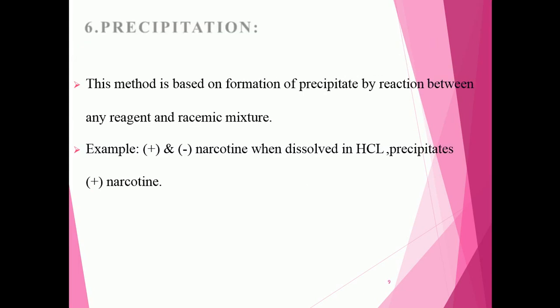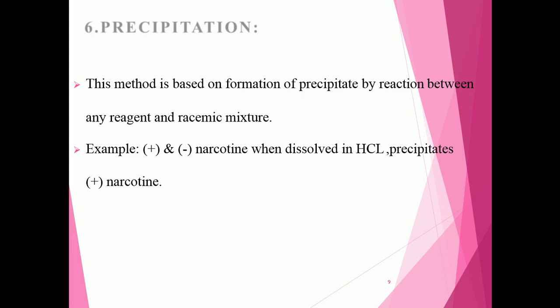Next is precipitation. Again a simple base. This method is based on the formation of precipitates, as the word itself suggests, by reaction between a reagent and the racemic mixture. The reagent ideally should be optically active, but generally in precipitation you have to choose solvents.